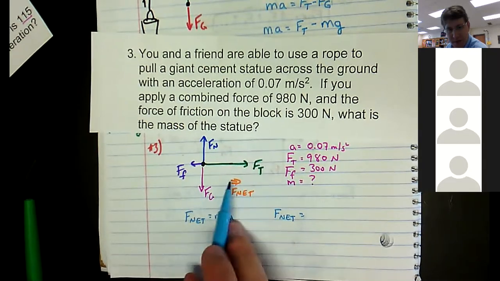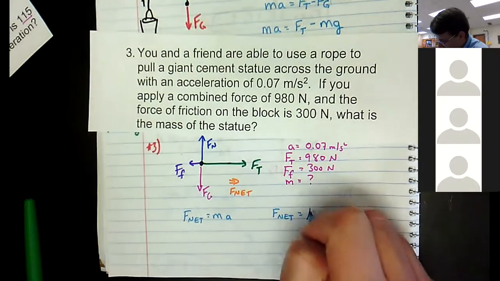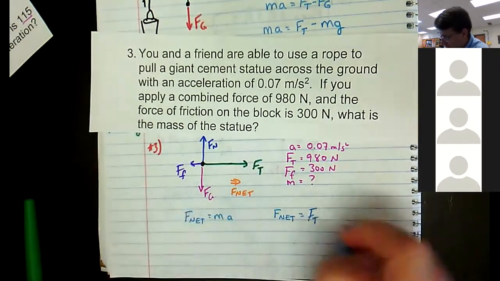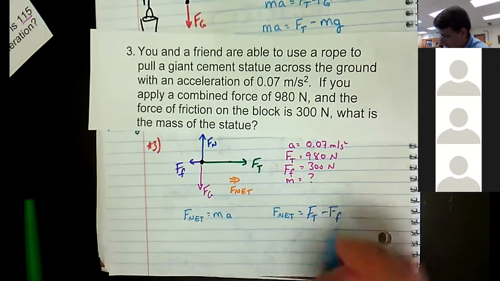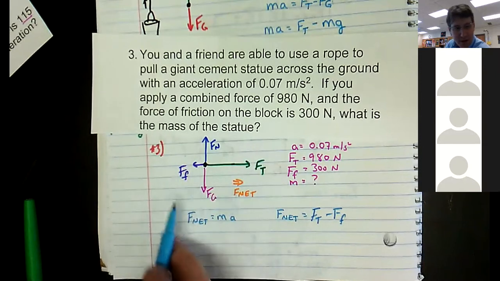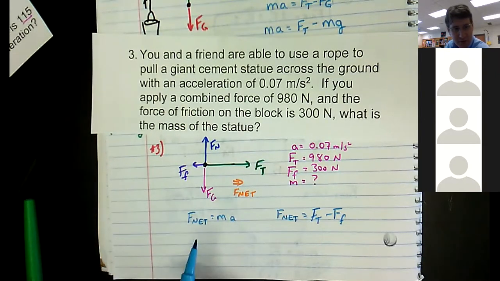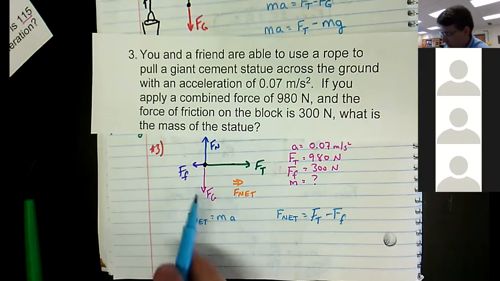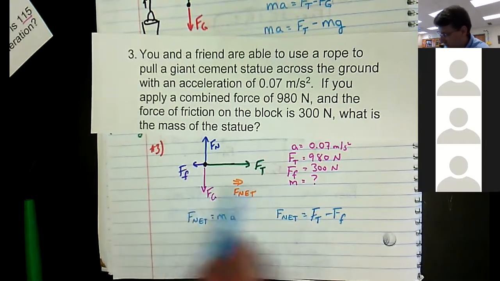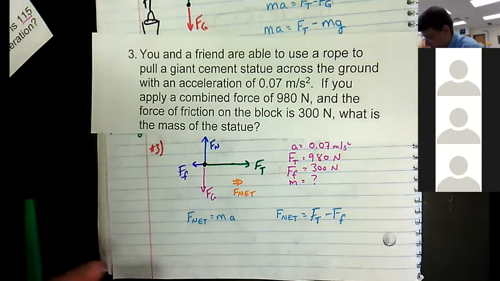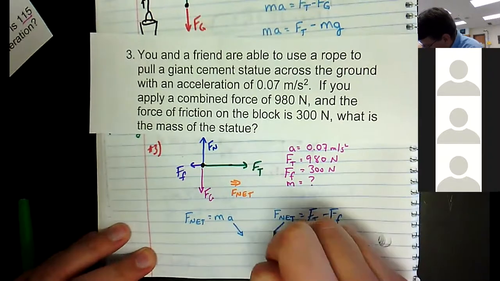So what's going with it is tension, minus whatever's going against it, which is friction. Again, we ignore normal and gravity. Yeah, Taylor, that works. Good. So we ignore the upward ones because the net force is going horizontally, right? And then we can just combine these two.